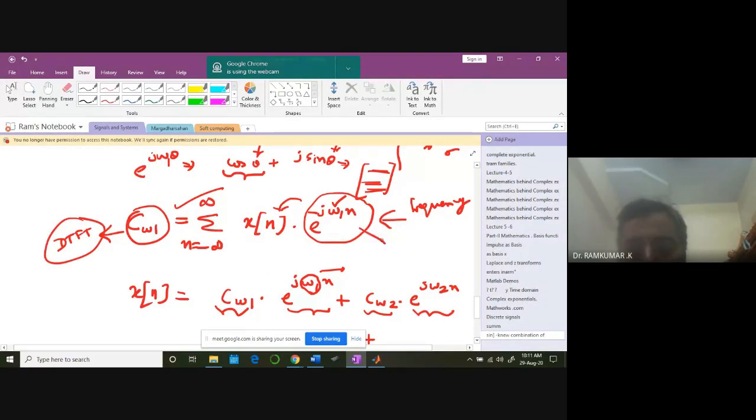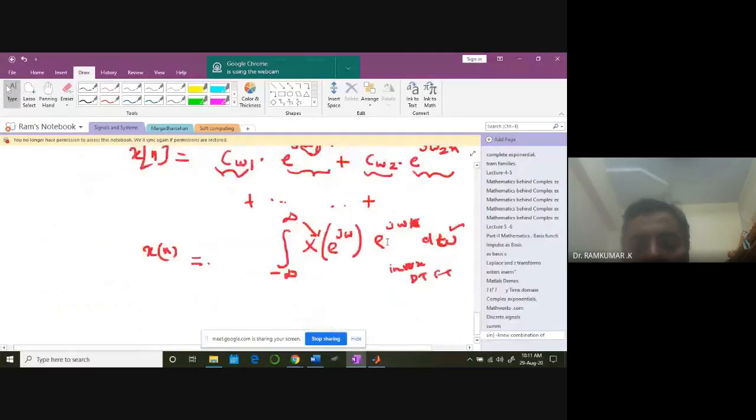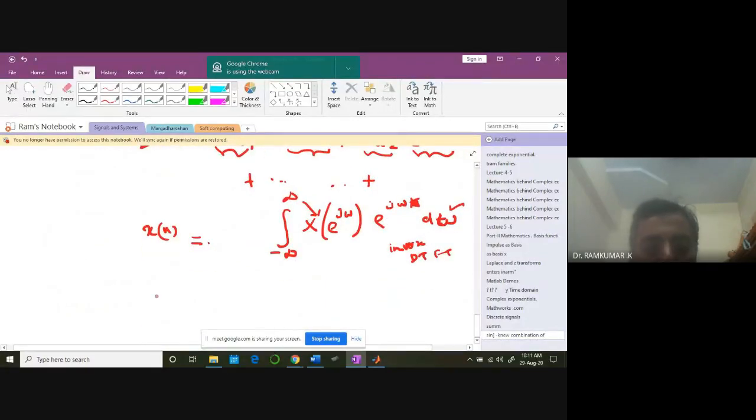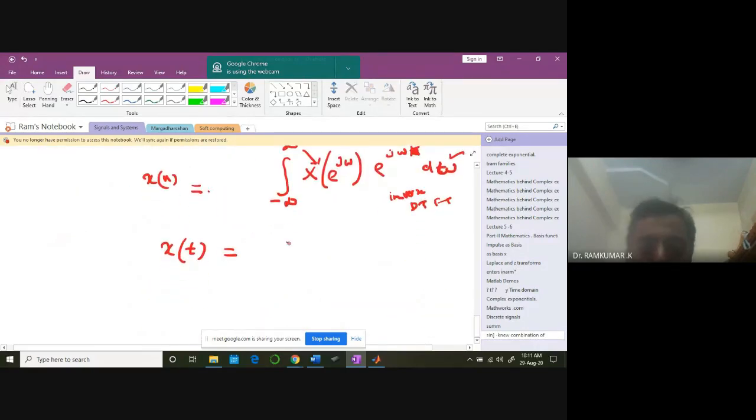So look at these signals carefully. Think about how this signal looks, what components are present inside, and how I can get those values. At the same time, if I work it out for the continuous domain x of t, the same idea, instead of this kind of summation, I'll be getting an integration, minus infinity to plus infinity, x of t, e power... This is not x of t, this is going to be x of j omega.